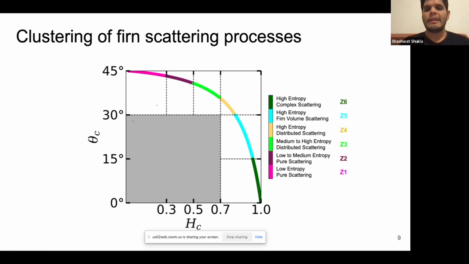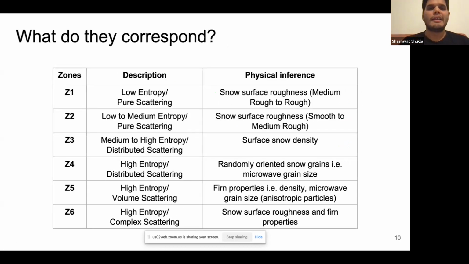And in order to make more sense in terms of glaciological application, these particular descriptions correspond to a particular property which is dominant for that region. So low entropy pure scattering, which is zone 1, represents that snow surface roughness, from medium rough to rough, is more dominant over that region.